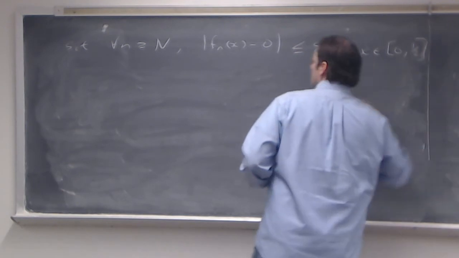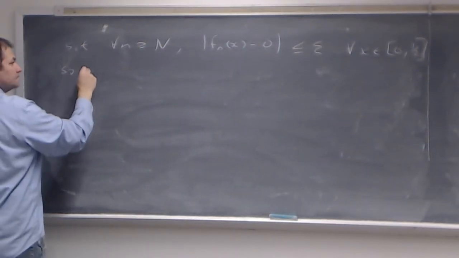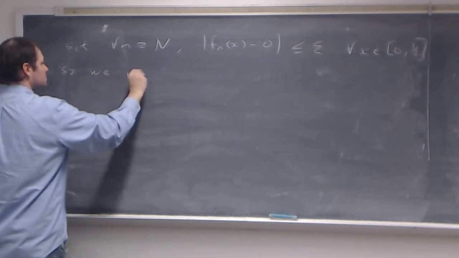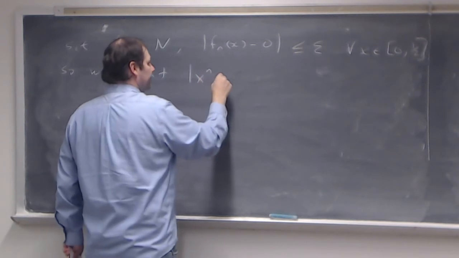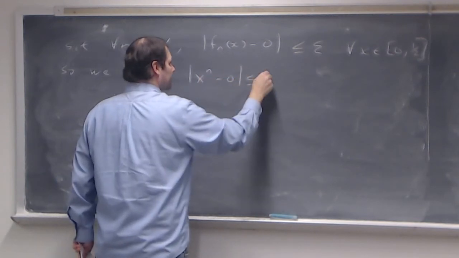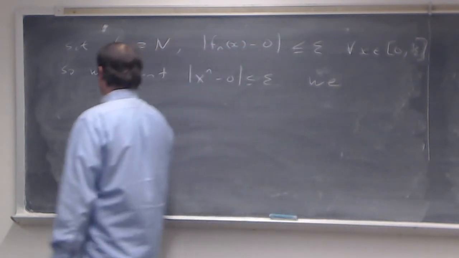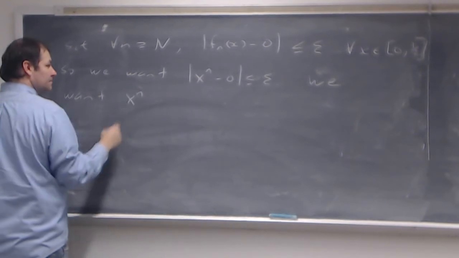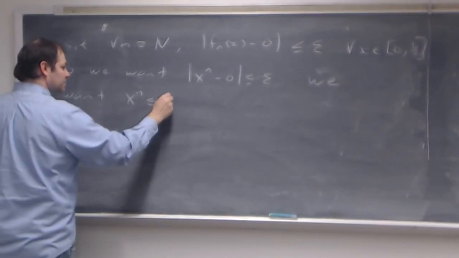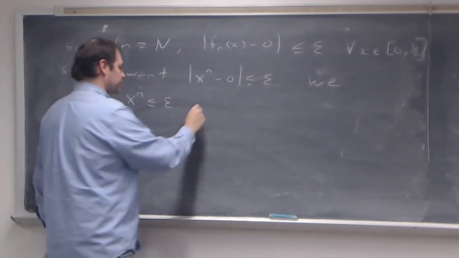And so we want the absolute value of x to the n minus 0 to be less than or equal to epsilon. That is, we want x to the n to be less than or equal to epsilon. Okay? But here's what I want you to notice.